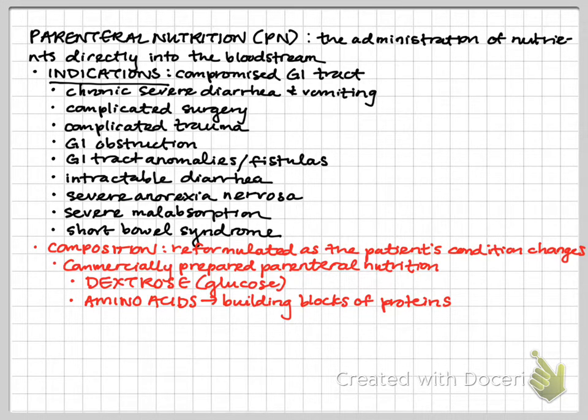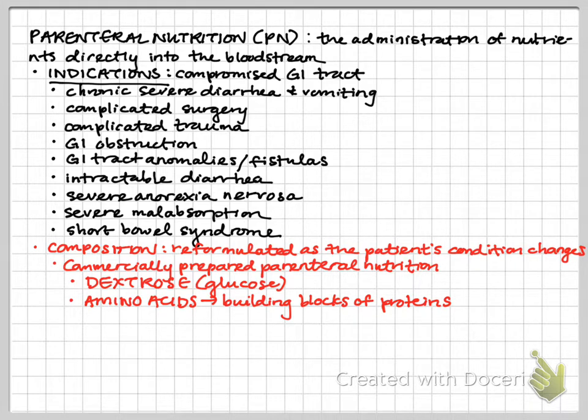With amino acids, you may be asking, well, why don't they just put the protein in there? When we eat as a healthy individual, we take in protein, and that goes down through our stomach and into our small intestine, where it is broken down into smaller building blocks.